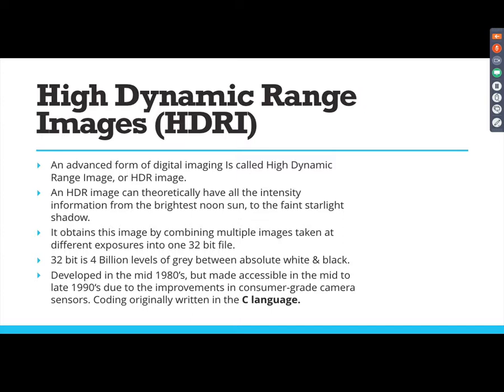They had very little resolution. It wasn't until we broke the 1 megapixel barrier that that kind of imagery became available to us. To give you an idea, it was coded in the original C language when it was made, which is kind of like the mother of all modern languages that we use now.